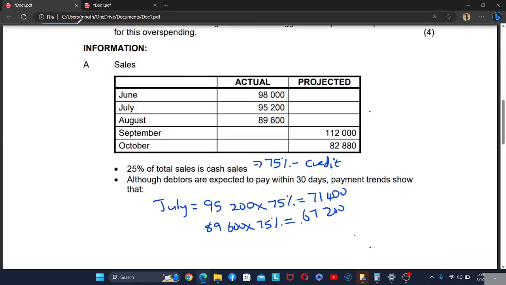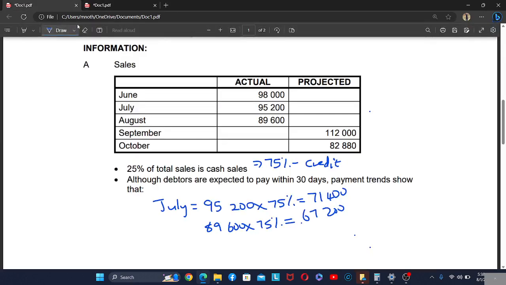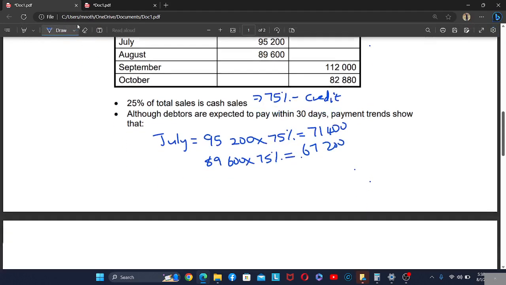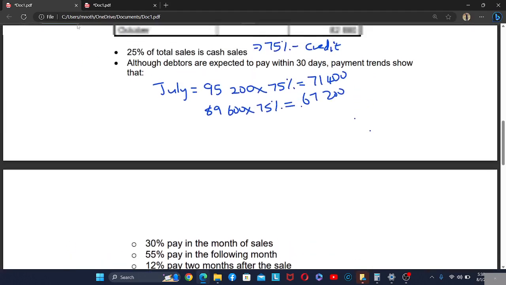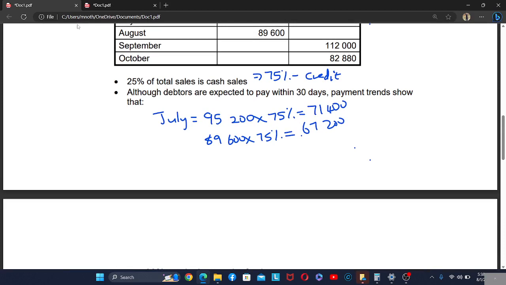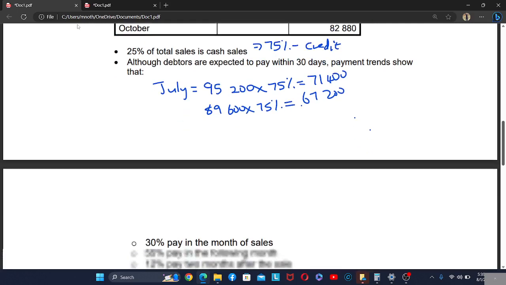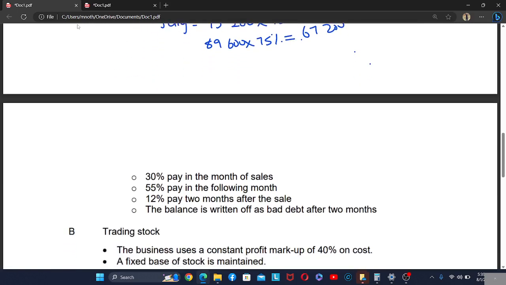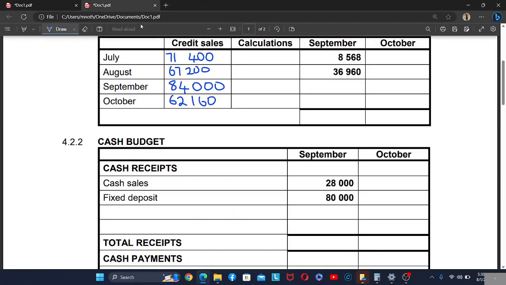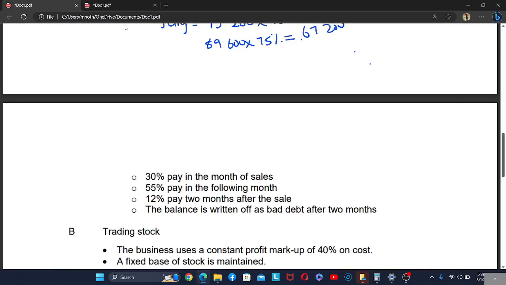Now let's see how these debtors pay the business. They are saying that although debtors are expected to pay within 30 days, payment trends show that 30% pays in the month of sale. Now let's draw this table.